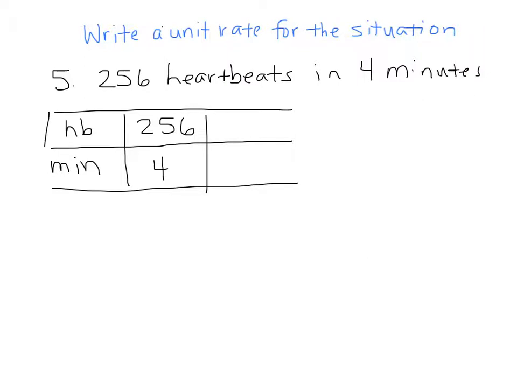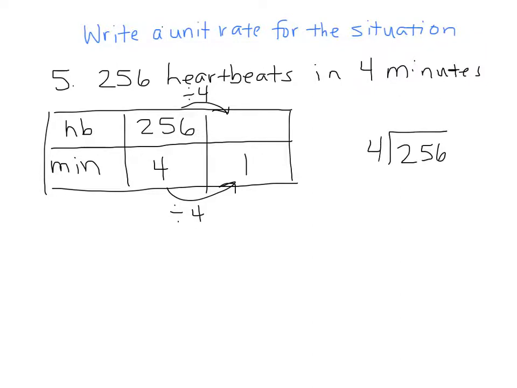Well, if I want to figure out my unit, 1 minute, I have to do the same thing I've done before. So I have 4 divided by 4 gives me 1 unit. I'm going to do the same thing up top, because with multiplication and division you have to do the same thing. So 256 divided by 4, okay, if you can't figure this one out, you have to do it over on the edge. Okay, don't forget how to do the simple math like this.